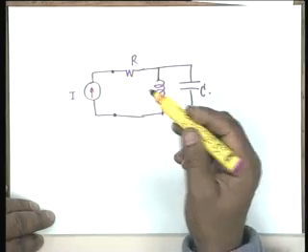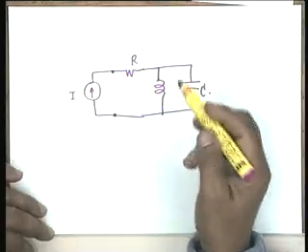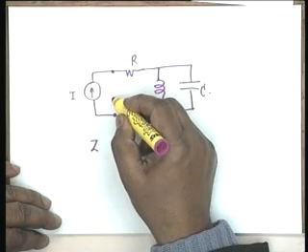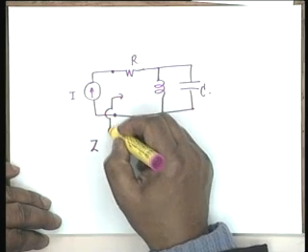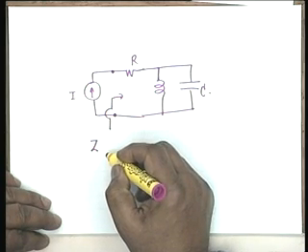Instead of a current generator, if you had a voltage generator, then you would measure the current. So I by V would have been the driving point function. In any case, the driving point impedance Z. Why do you call it driving point? Because there are other kinds of impedances. There can be a transfer impedance also.